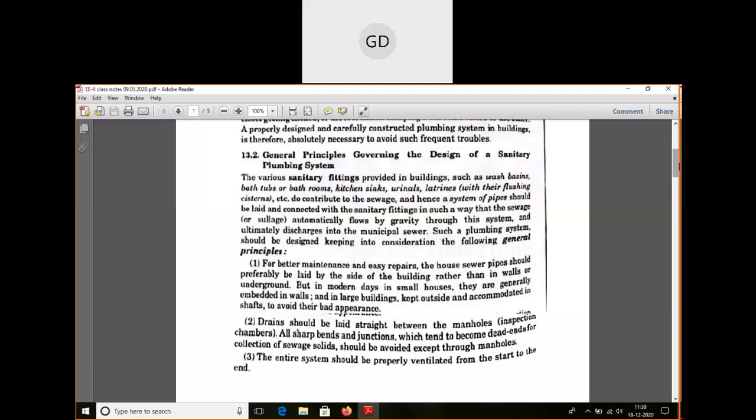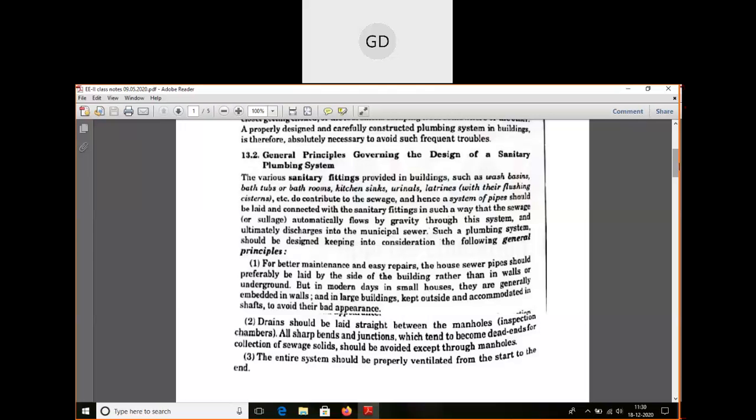But for better maintenance and easy repair, the house sewer pipes should preferably be laid by the side of the buildings rather than in walls or underground.